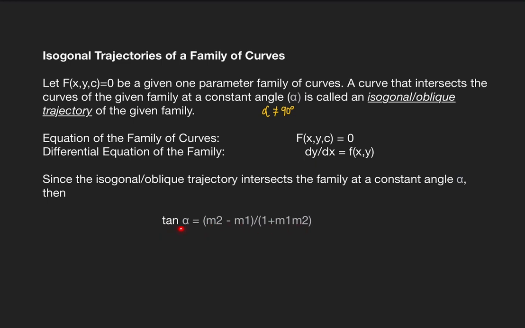So tangent of the angle between the curves is equal to m sub 2 minus m sub 1 over 1 plus m sub 1 times m sub 2, where m sub 2 and m sub 1 are the slopes of the tangents of the curves.